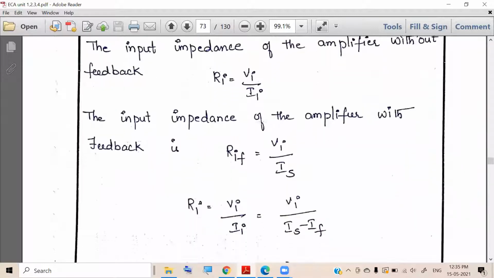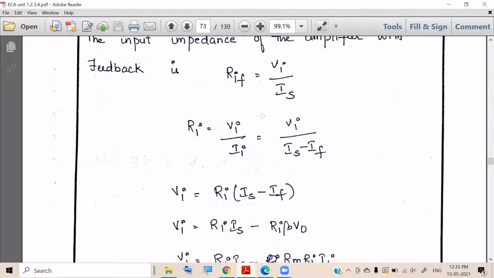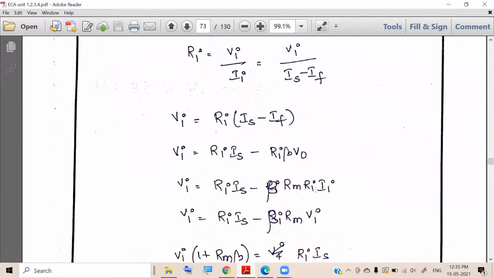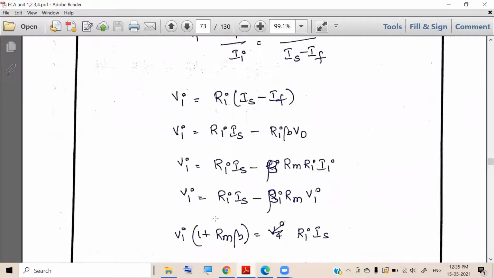So we are representing this product Ri into Ii as Vi. Now we can see on the LHS we have a Vi term, and on the RHS also we have a Vi term. We can get both the Vi terms together.